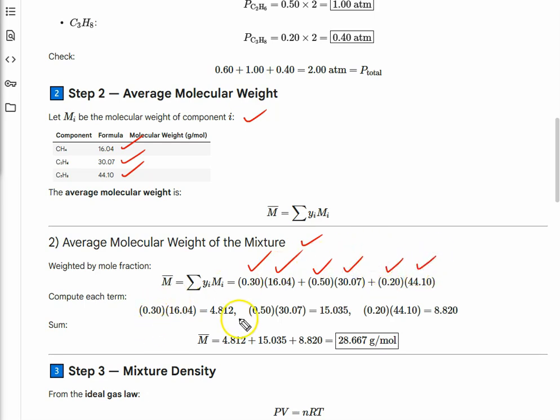Calculating each term and adding them all, the average molecular weight will be 28.667 gram per mole.